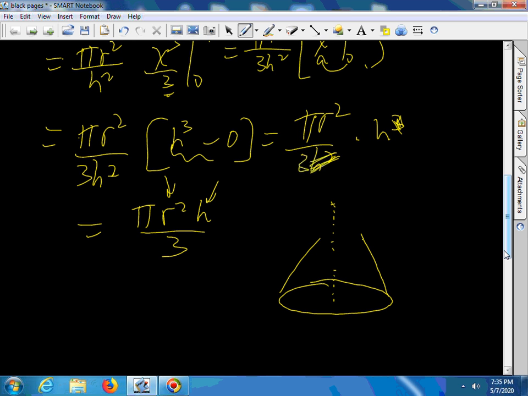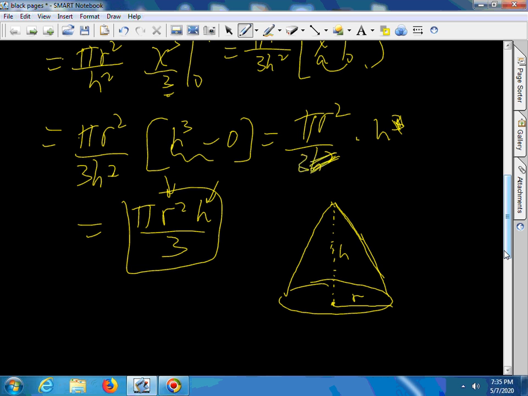Okay, they must meet right above the center. So, if that height is h and the radius of the circle in the bottom is r, then this is it.